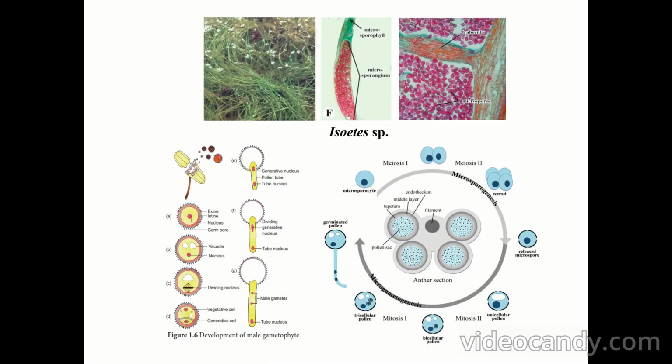The three-cell stage has one vegetative nucleus, one generative nucleus, and two male gametes. Okay. This you should know about the microsporogenesis process.